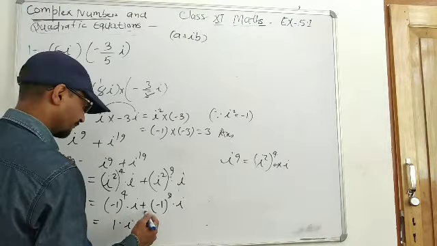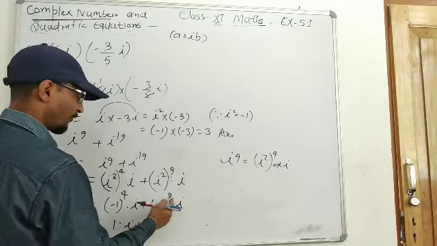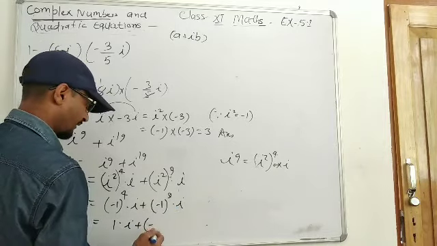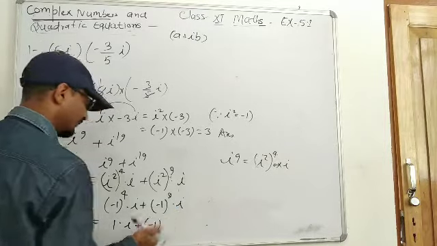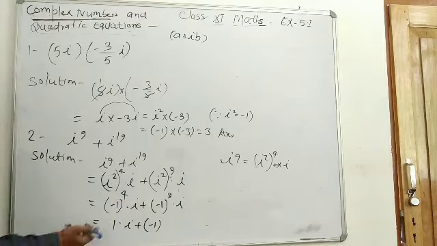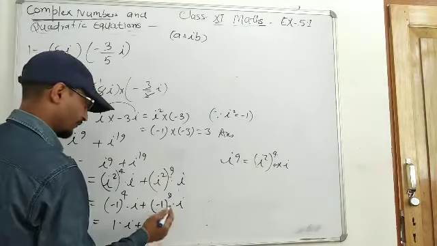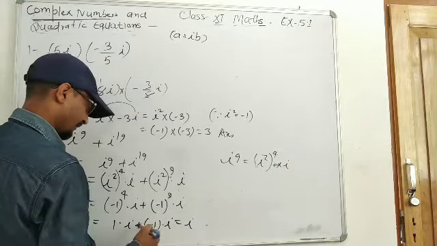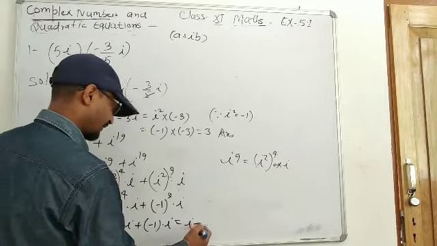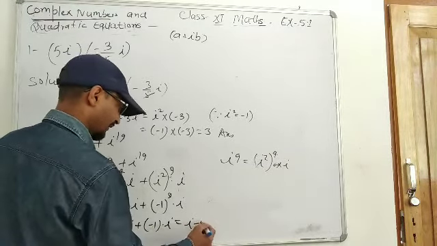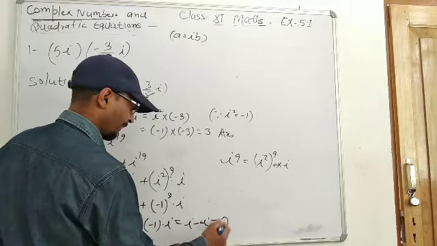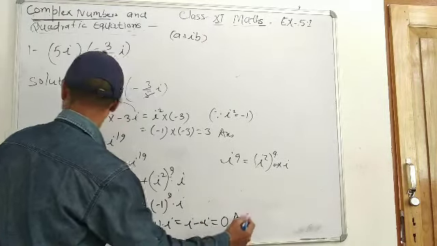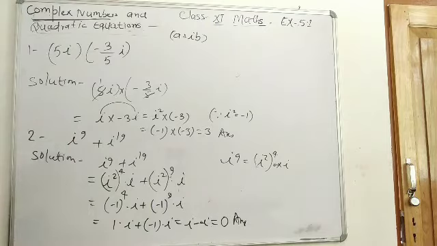And minus 1 to an odd power becomes minus. If a negative number has an even power it is positive, and if odd it is negative, into i. So i is i, and this plus into minus, minus i. i minus i becomes 0. So it is the answer of question number 2.